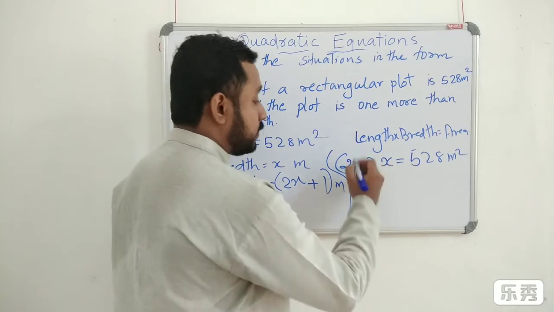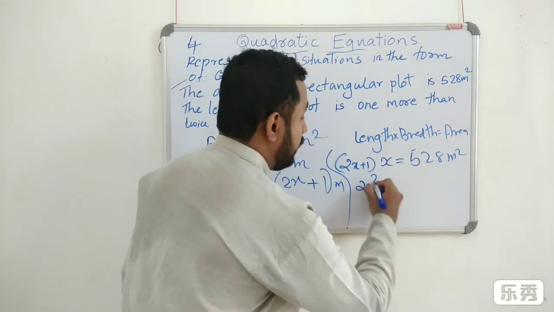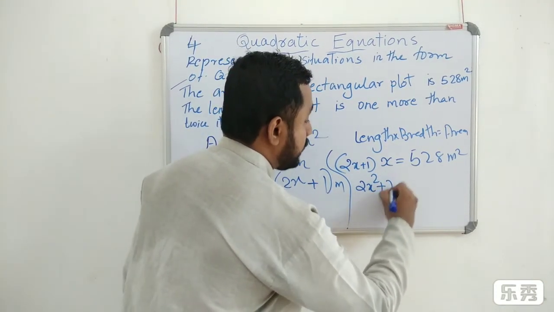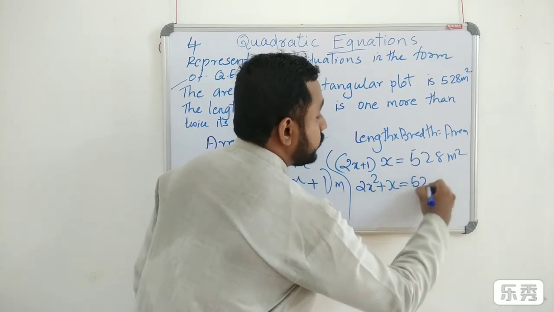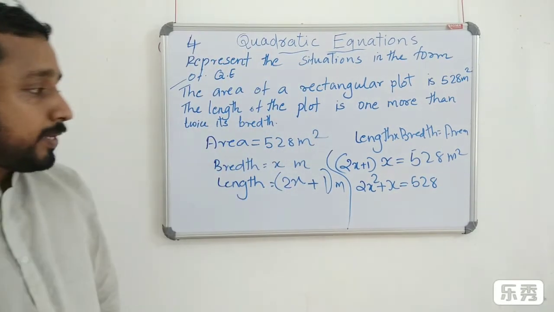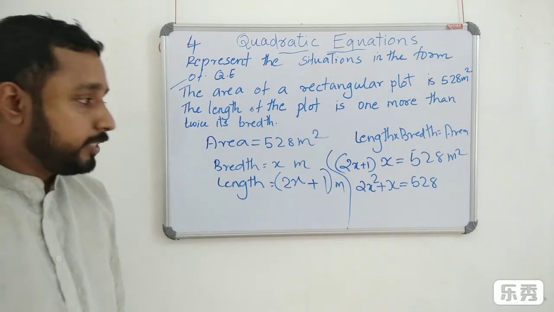When multiplying x with 2x, we get 2x square, and x into 1 is x. So 2x square plus x is equal to 528.